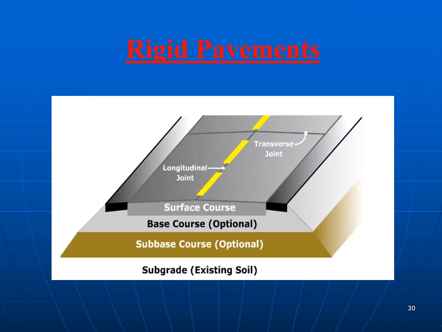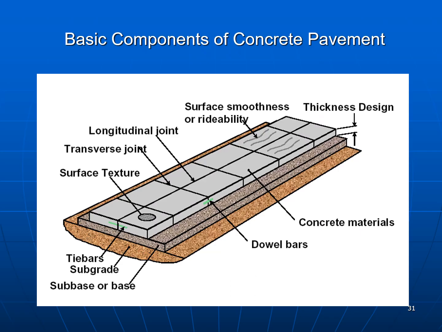Okay, now we will discuss the different components of the rigid pavements one by one. So you can see that this is the typical cross section for the rigid pavement. And in the rigid pavement, as you are having the cement concrete slab at the top, you will have to provide the longitudinal joint and the transverse joints. So here you can see the basic components of concrete pavement.